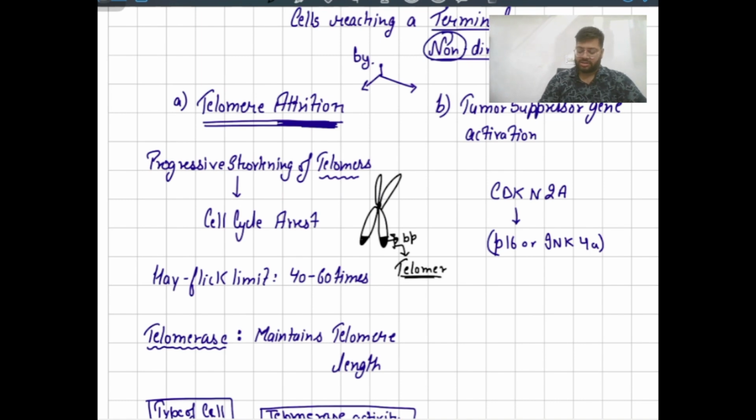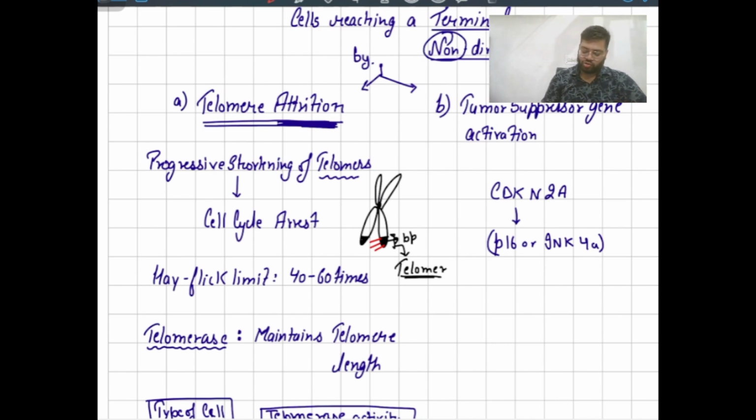You need to understand that in each and every replication there is some loss of DNA, and that loss is from this terminal part. If there comes a time when this terminal part is no longer there, at that moment the cell loses its ability to replicate. That is what senescence means, and that is what telomere attrition means.